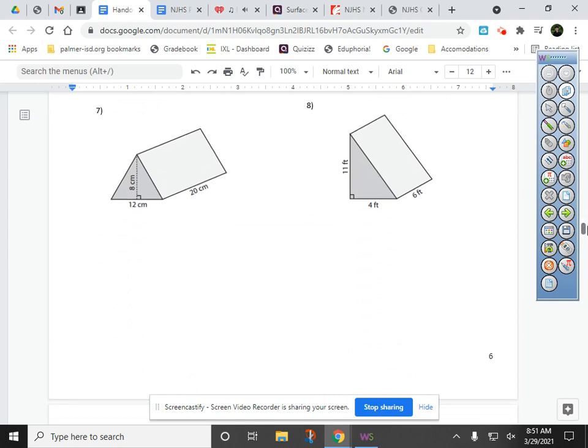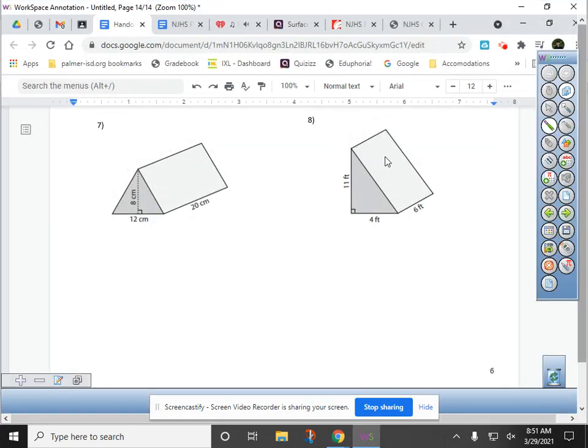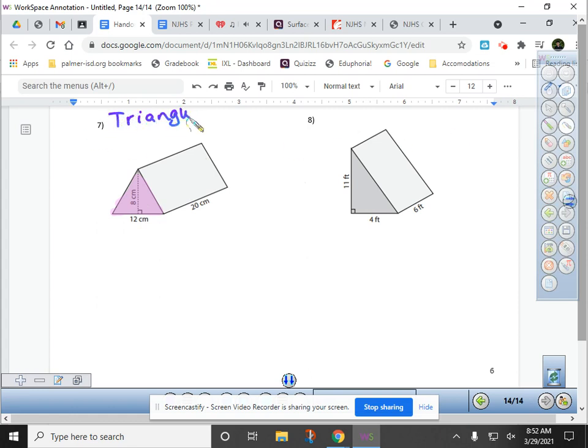All right, number 7. What is this figure? Triangle pyramid. Triangular pyramid. What shape is the base? Triangle. Please write down triangular prism.